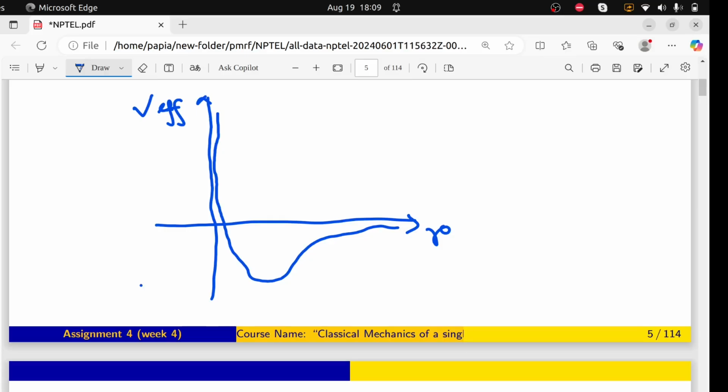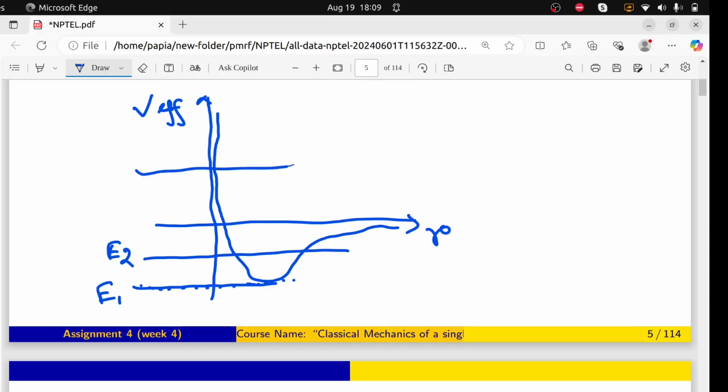So if I draw a line on this, then you can see that this one is one energy. This one is another energy. This one is another energy. So for E1, I have a minimum point, only one point is there. But for E2 I am having 2 points, R minimum and R maximum, and this is like a bounded condition.